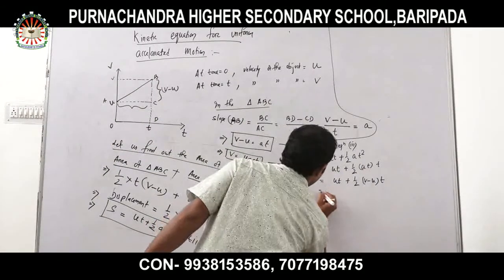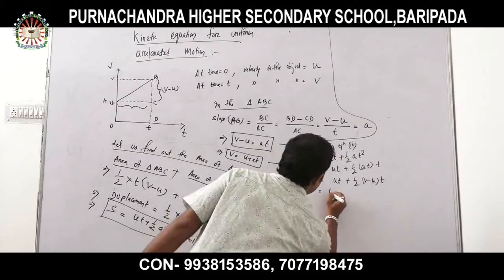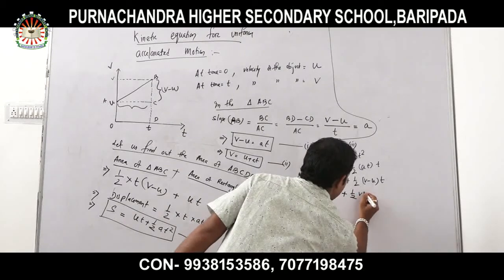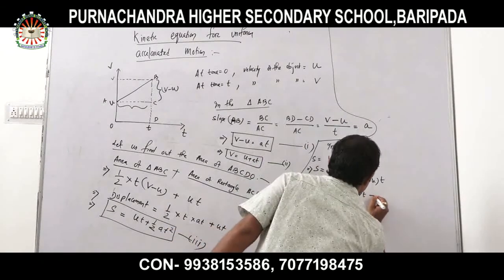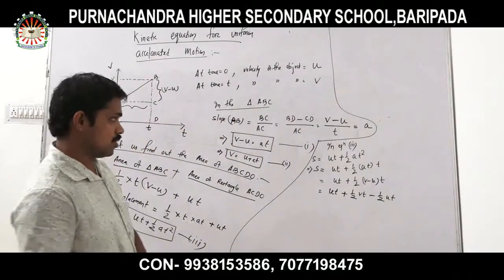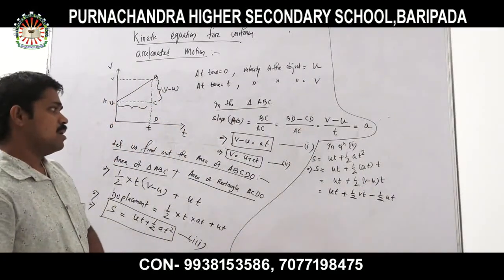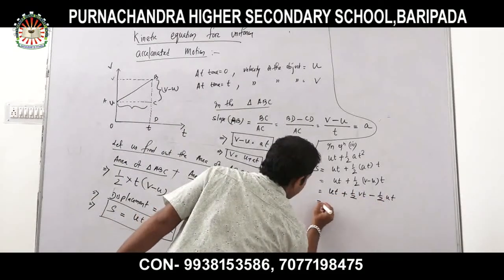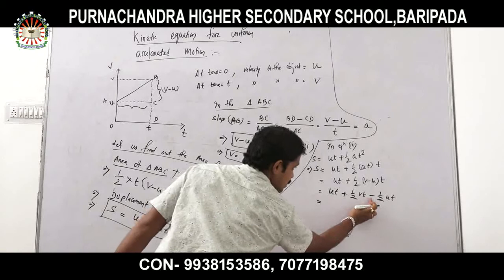Now what do I have to do? Just split it. So this is UT plus half VT minus half UT. Look at it very carefully: UT and minus half UT.